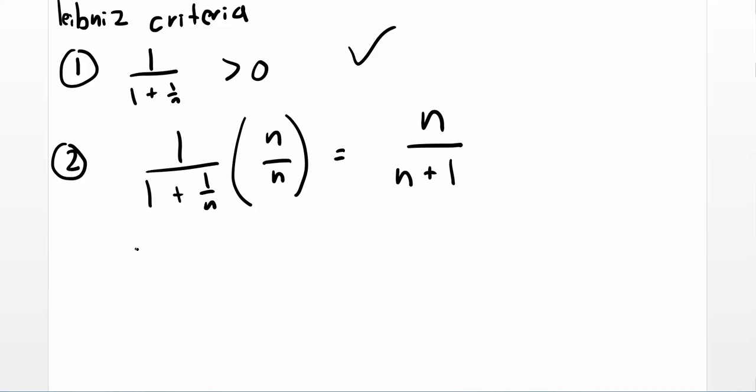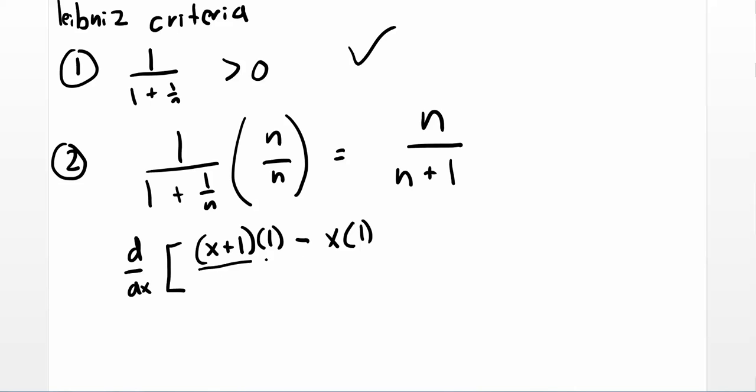And when we take the derivative of the corresponding function, we're going to get, using the quotient rule, x plus 1 times the derivative of the top, which is 1, minus top times derivative of the bottom, which is 1, divided by the bottom squared.